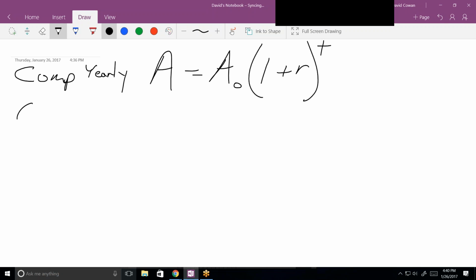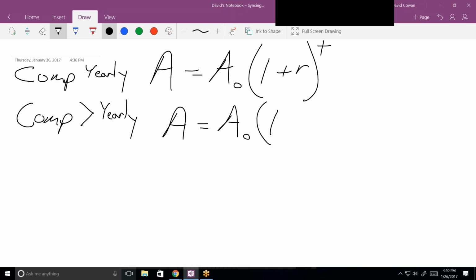If you're compounding it more often than yearly, then the formula becomes this. Do you use K or N? It doesn't matter. K is how many times a year you compound it.